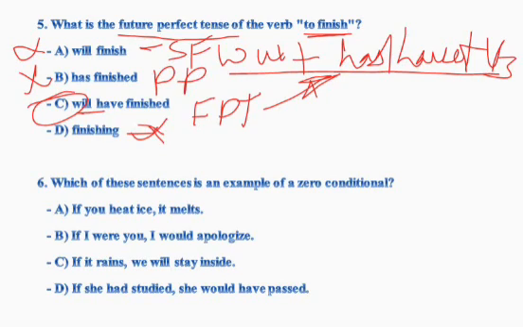Zero conditional is equivalent to the simple present tense, because the condition that needs to be fulfilled, or which is expected to take place, is usual. Every time something happens, it usually happens as a result of something commonly known taking place. The result is also the expected one.